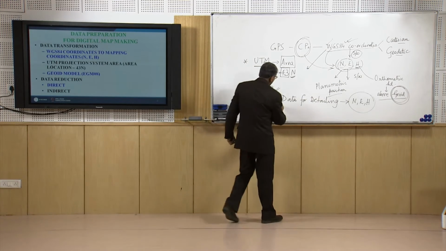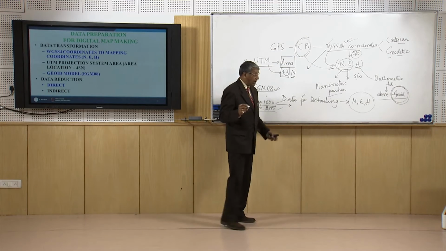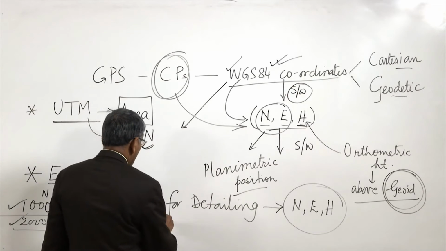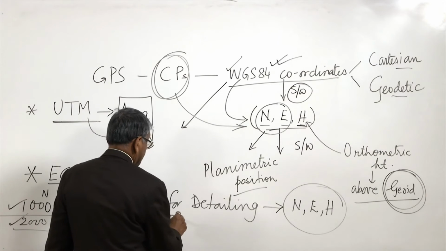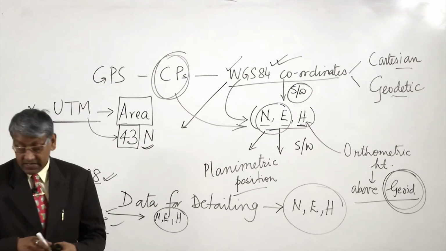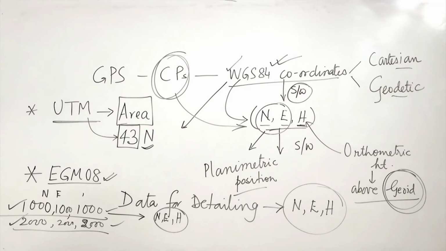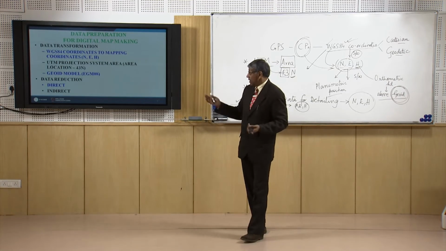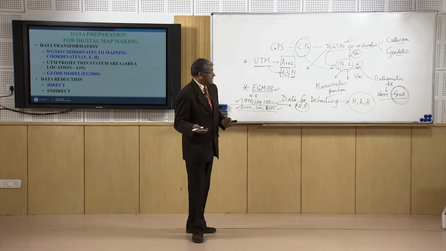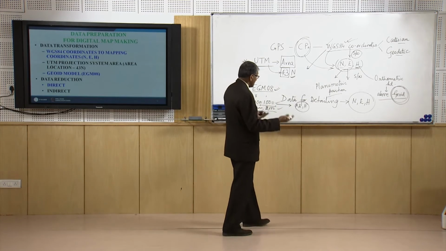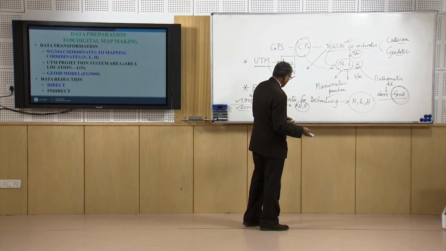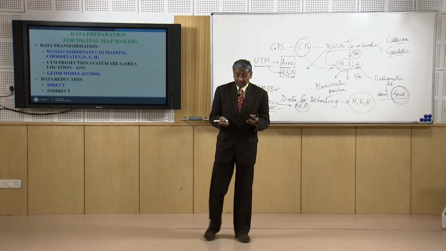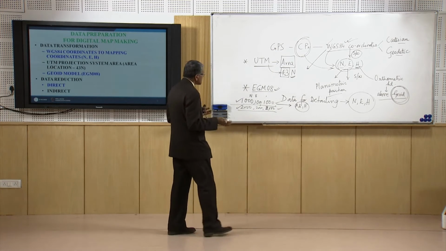Then we can convert all our data for detailing in terms of northeast height. So that reduction has to be done after the data has been collected, and that is called data reduction, which means we have to do it in our office separately rather than getting the data directly using the total station.